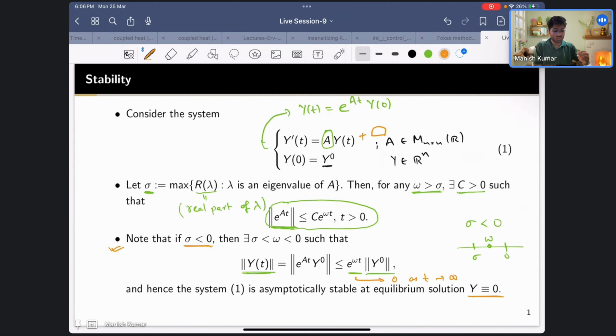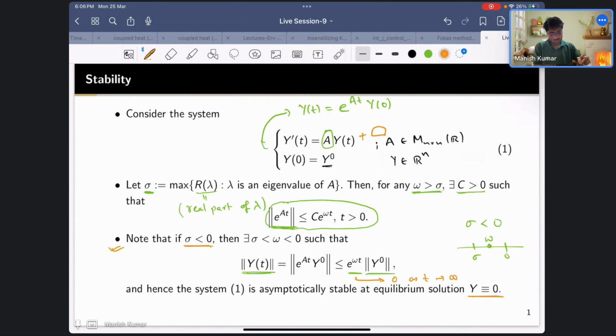The question is, can we give some input or control so that the resulting system will be stable? That is called stabilizability. We have studied controllability, where we control the trajectory from one point to another. Now this notion is stabilizability, where you want to stabilize an unstable system.